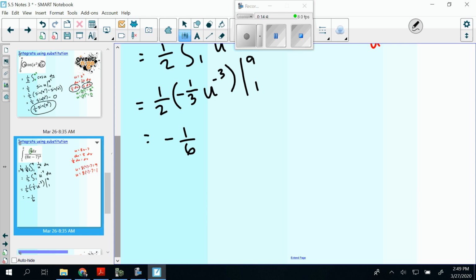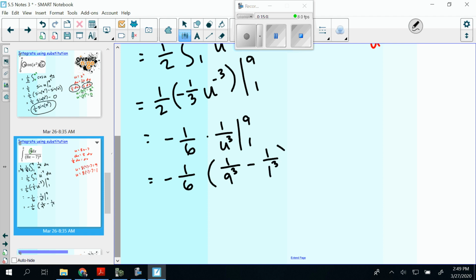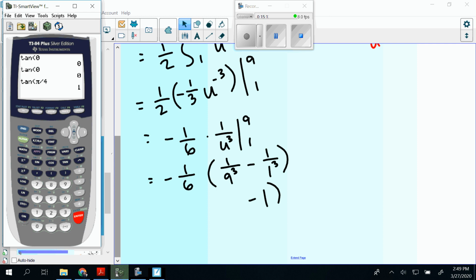Also here, if you got that u to the -3, that's the same as 1 over u to the +3 power, evaluated at 9 and 1. So now if we put those numbers in, we're going to get 1 over 9 cubed minus 1 over 1 cubed. 1 cubed is just 1, so that's just going to be minus 1 here. You're probably going to want to use a calculator to figure out what this is going to be. 9 to the third power is going to be 729.